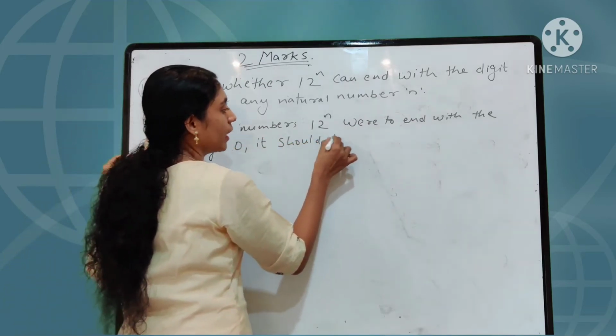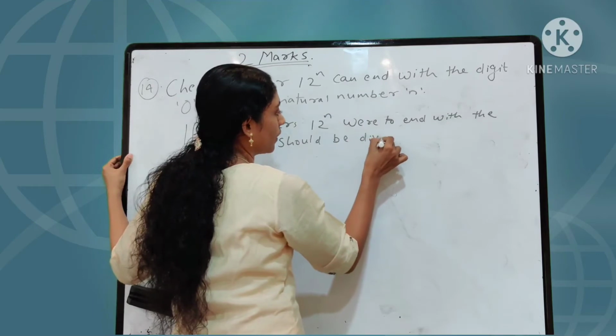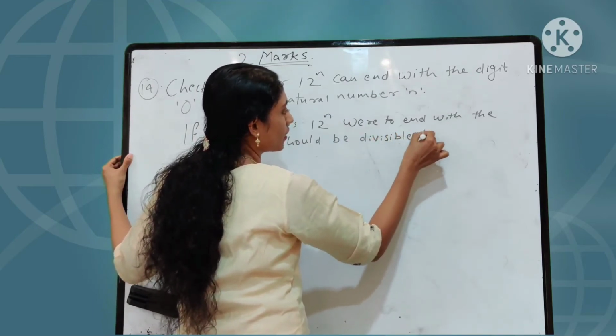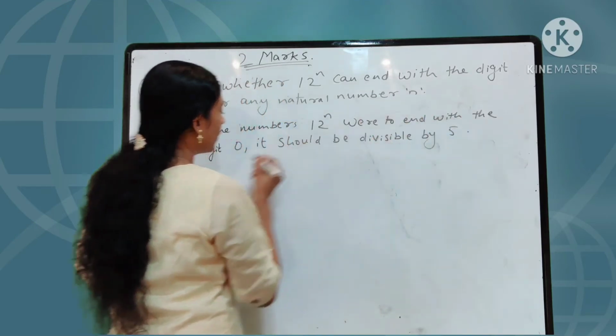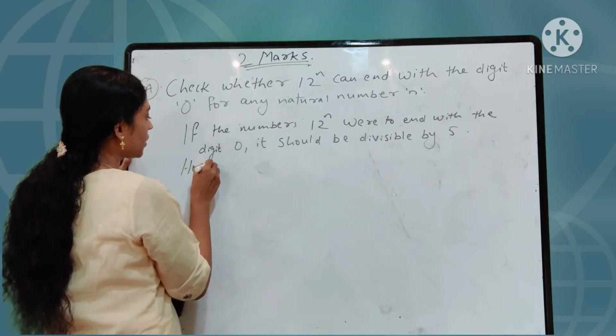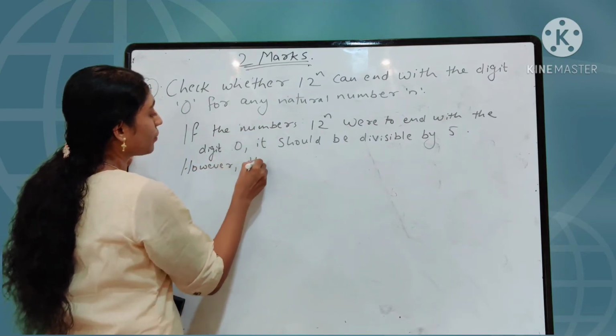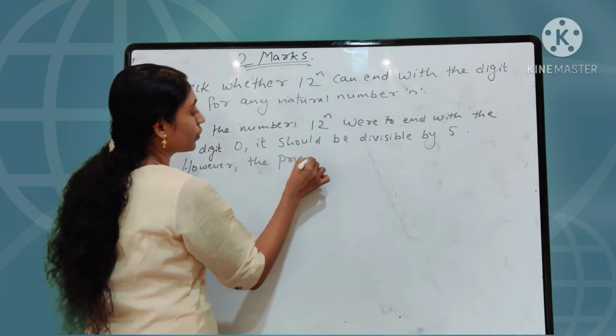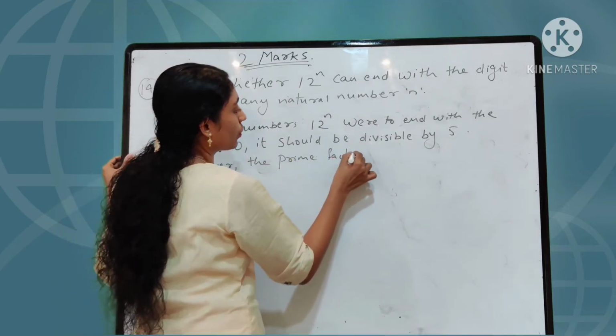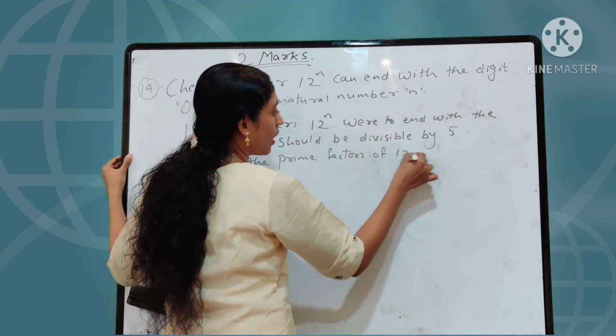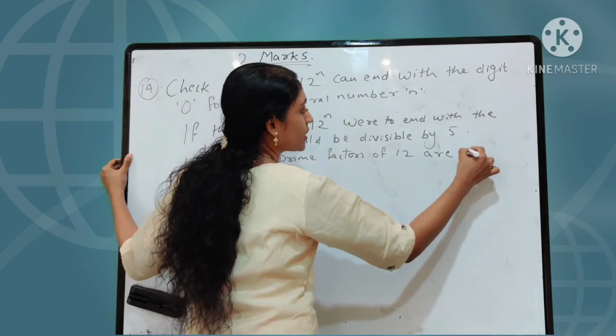It should be divisible by 5. But is it possible? However, the prime factors of 12 are 2 and 3, right?